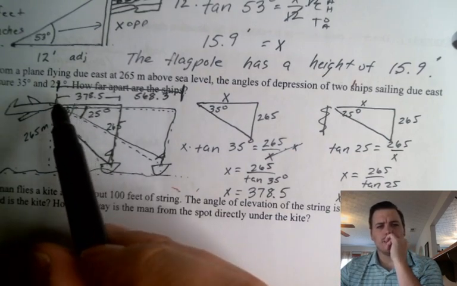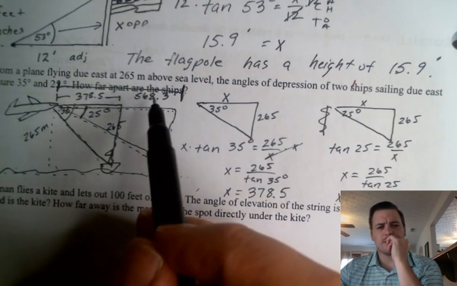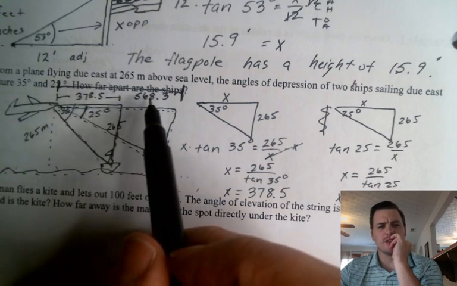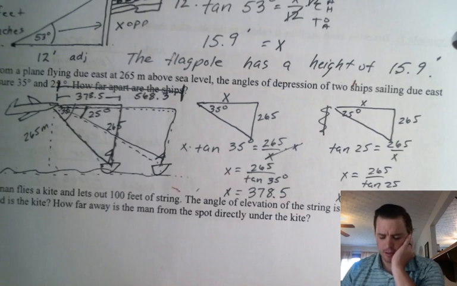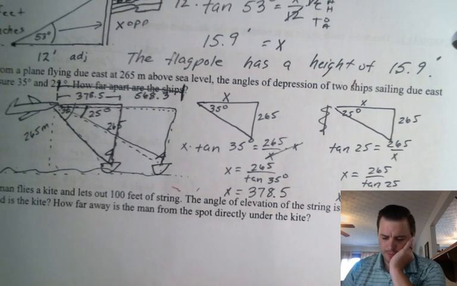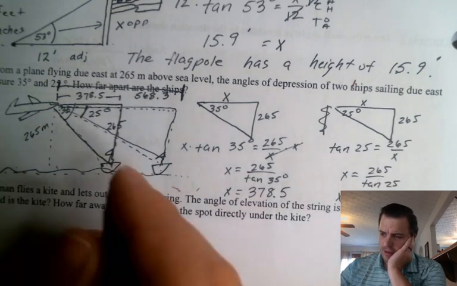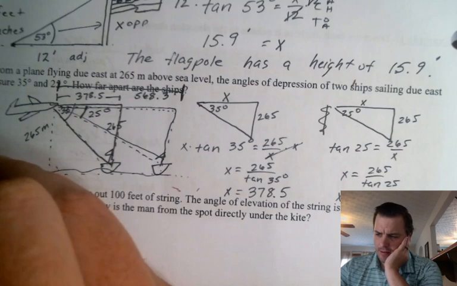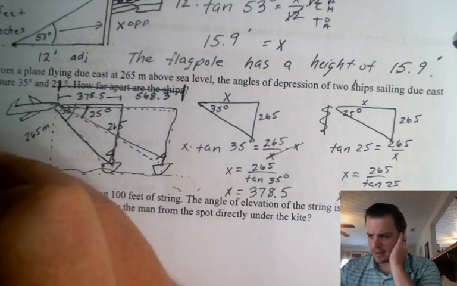So if the total distance from the airplane to this one is 568 and the total distance from the airplane to this one is 378, then we just say this minus that to get our difference between the two boats right here. So 568.3 minus 378.5 is 189.8.